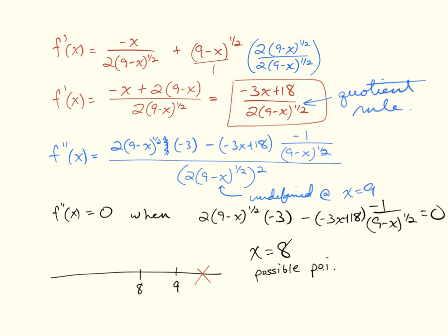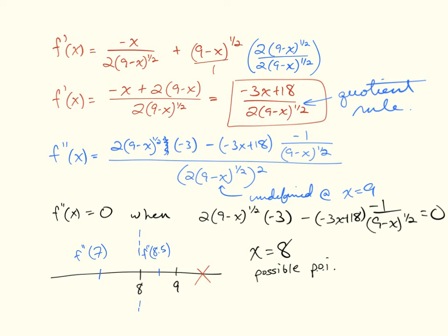So, coming back to the sign chart, we can pick a number to the left of 8, say 7, and evaluate the second derivative at 7. And then we can pick another number here like 8.5 and evaluate the second derivative at 8.5.